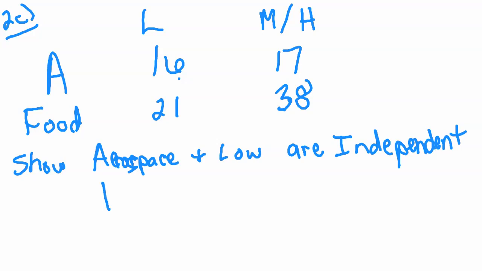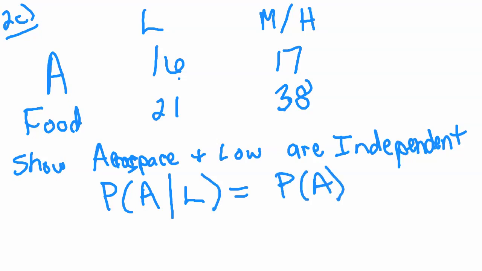So what that means is that we want to find the probability that it's aerospace given low is just the same as if it was aerospace anyway. Low risk has nothing to do with it. So those two would be independent.